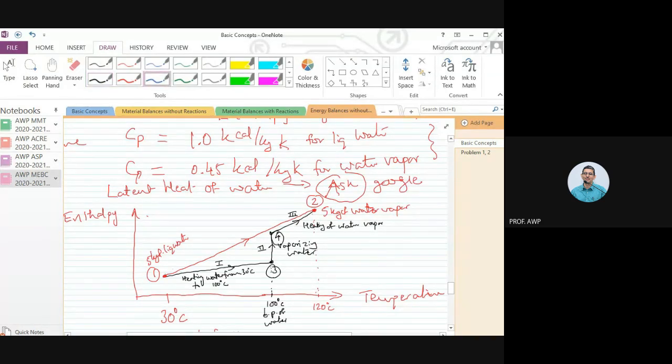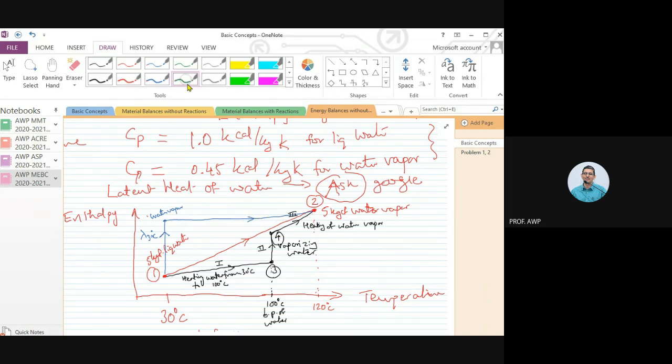We could have taken a path where we vaporize liquid water at 30 degrees centigrade. So then we would have lambda at 30 degrees centigrade, and then we would heat up water vapor from 30 degrees centigrade to 120 degrees centigrade. So we could have vaporized and gone into water vapor at 30 degrees centigrade, and then heated up water vapor from 30 to 120 degrees centigrade.